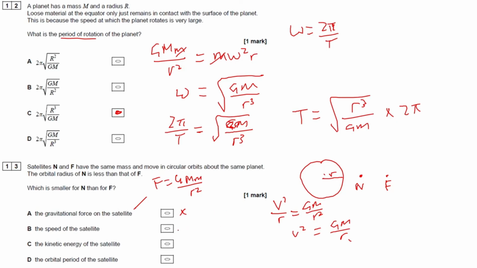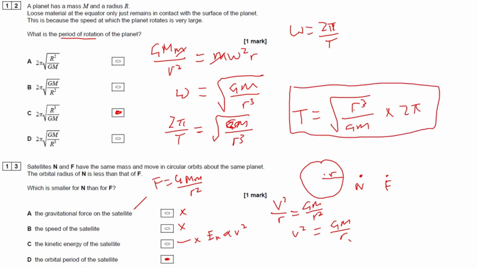So N is not going to have a smaller speed. It has a smaller radius, so it has a bigger speed. And for that same reason, it can't be this either, because we know kinetic energy is also proportional to v squared. Since v is bigger, EK, kinetic energy, is also bigger. So that does leave us with D as the answer, but again, you could use the equation we just did earlier, this one up here, to show that to be true. N has a smaller radius of orbit, then the smaller its time period.